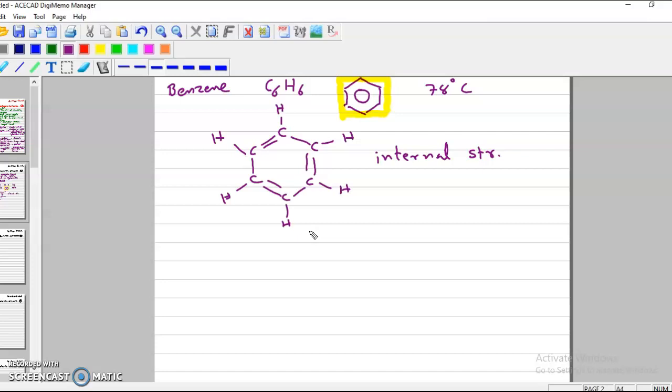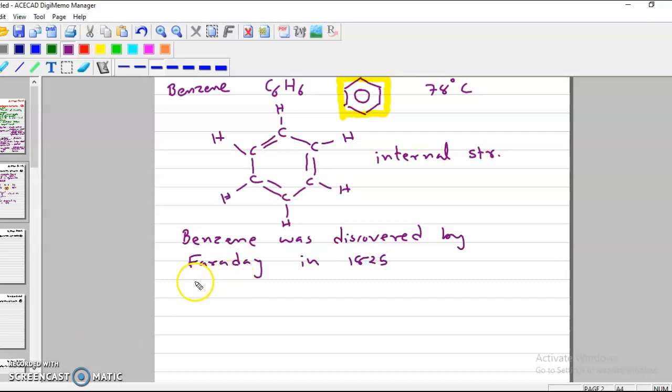You know, benzene was discovered by Michael Faraday in 1825.